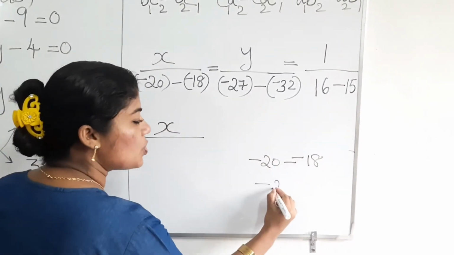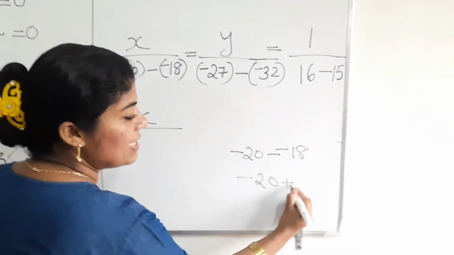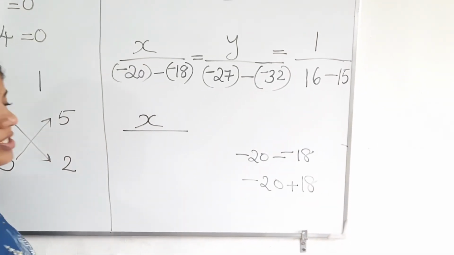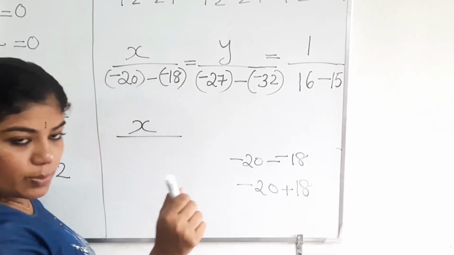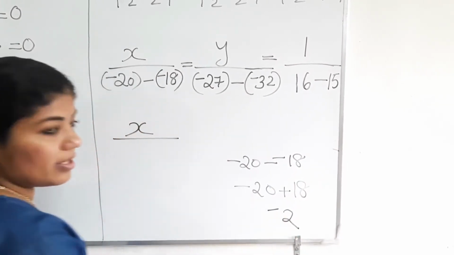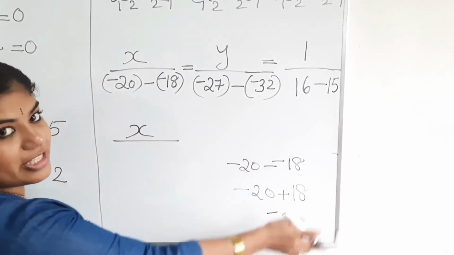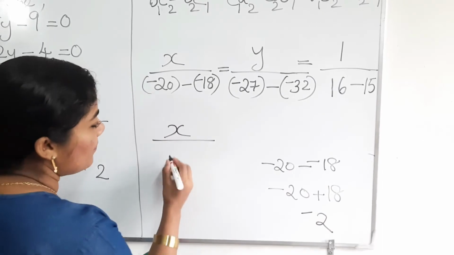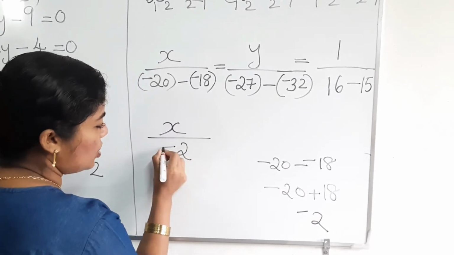Minus 20 minus becomes plus 18, right? Minus 20 plus 18. So highest value minus lowest value, 20 minus 18 you will get 2, with the highest value's symbol. Okay, I hope you know this one. With the integers we studied addition and subtraction like that. So x divided by minus 2.